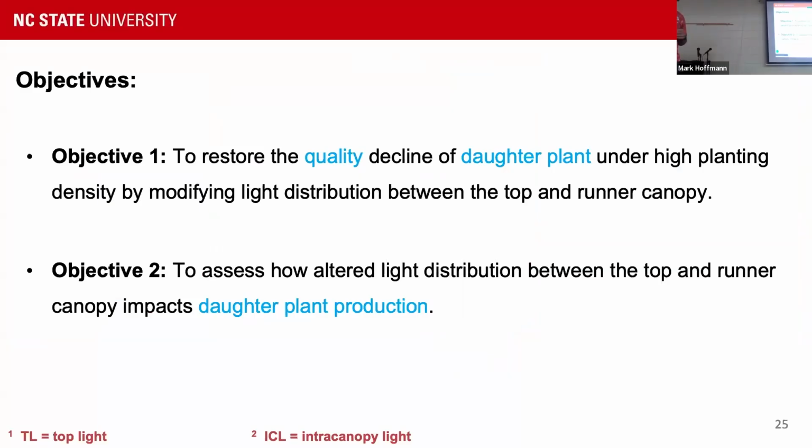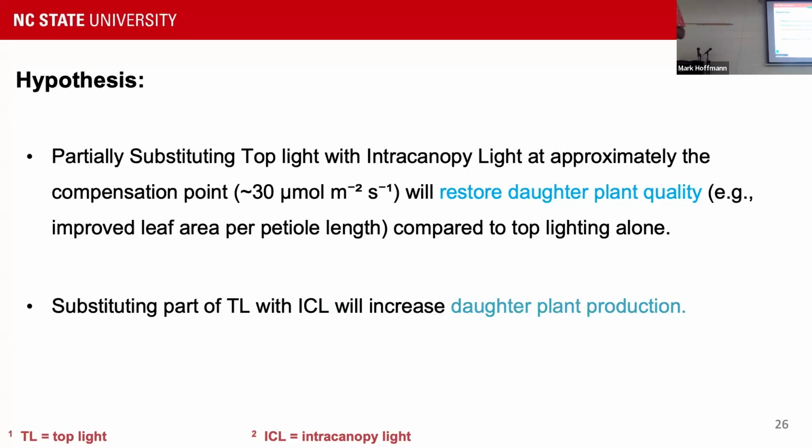Our objectives were to restore the quality decline of the daughter plants at high planting density, and also to assess how this altered light distribution between top and runner canopy can impact daughter plant production. So first quality, second yield.